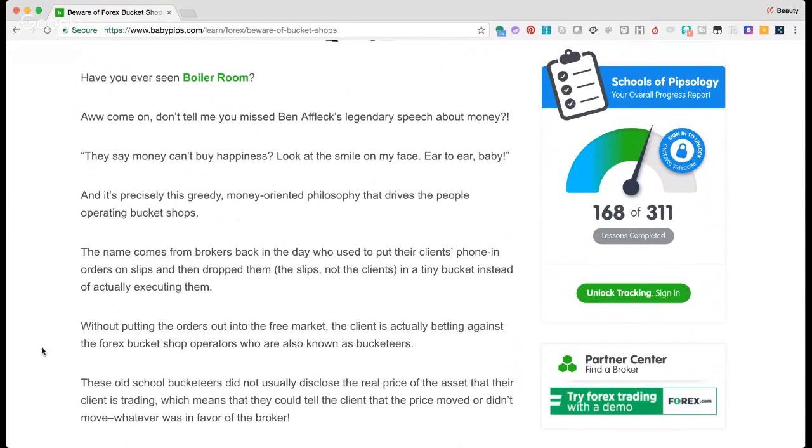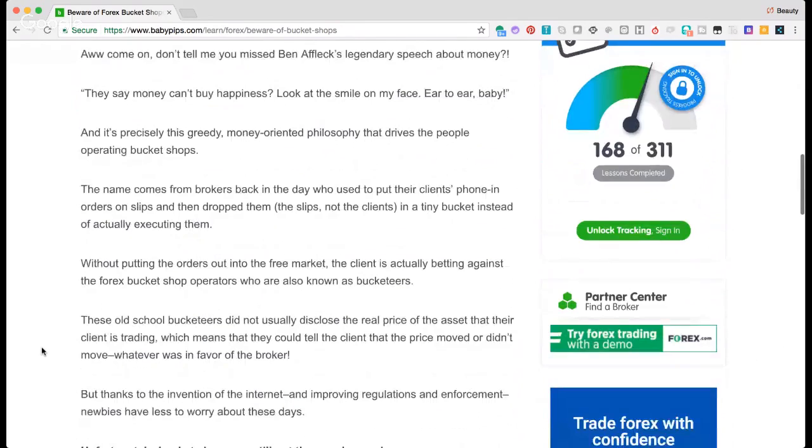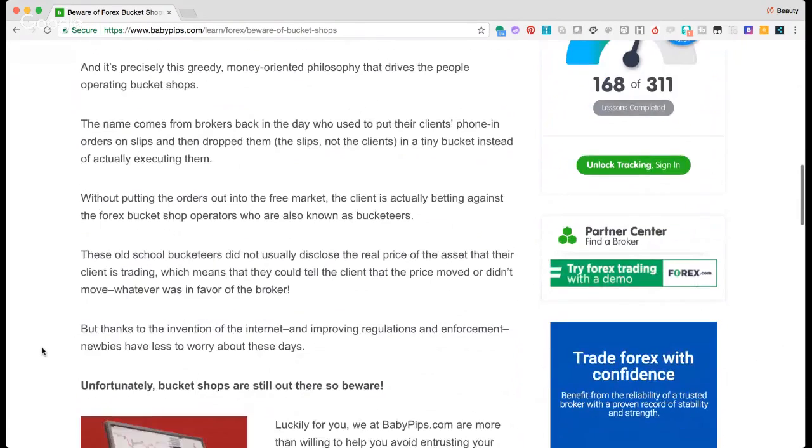The name comes from brokers back in the day who used to put their clients' phone-in orders on slips and then dropped them, the slips, not the clients, in a tiny bucket instead of actually executing them. Without putting the orders out into the free market, the client is actually betting against the Forex bucket shop operators, who are also known as bucketeers.